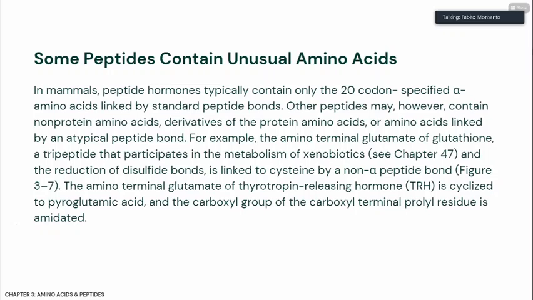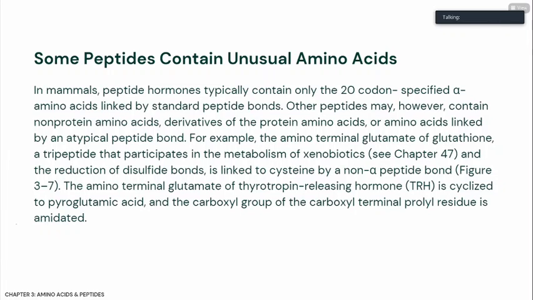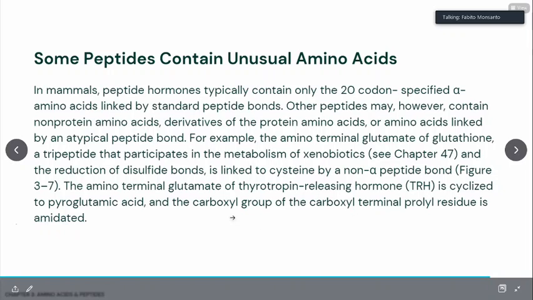For example, the glutamate of glutathione, and the reduction of your disulfide bonds of cysteine by a non-peptide bond.